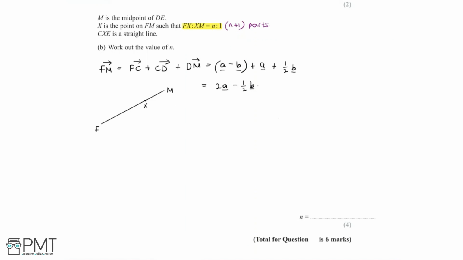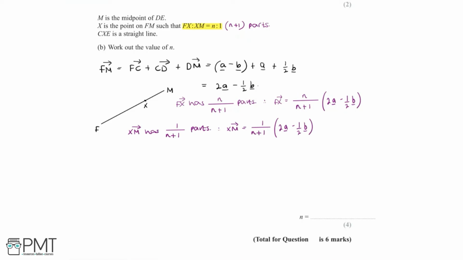Now given that the total value, FM, is equal to 2a minus half b, and FX has n of these parts, we can say that the value of FX is n over n plus 1, multiplied by the total of 2a minus half b. And so applying the same principle to XM, we know that XM has 1 over n plus 1 parts, and so we can say that the vector XM is 1 over n plus 1, multiplied by the total of 2a minus half b.